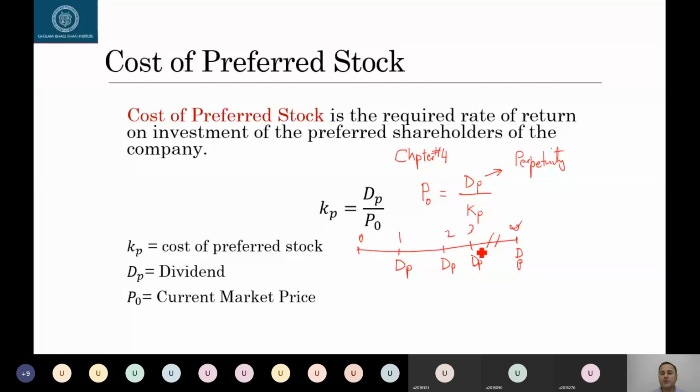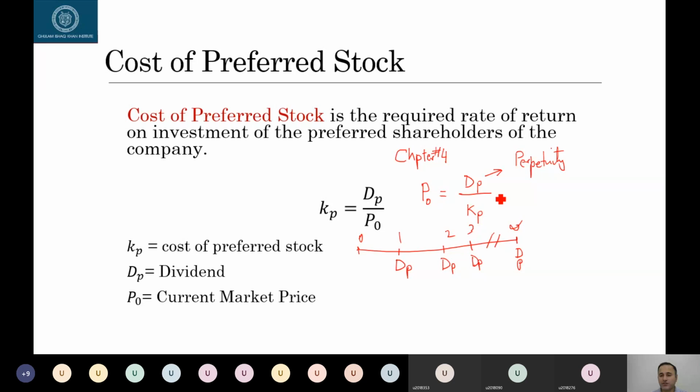So this is a typical timeline for a preferred stock. As I said, preferred stock does not have a maturity. It goes forever. For example, each year, if a preferred stock is paying DP as the return, the way we calculate the price of that security is DP divided by KP because it's a perpetuity. And if you remember, we derived this formula from the geometric series.